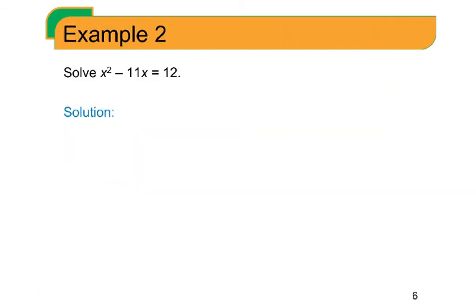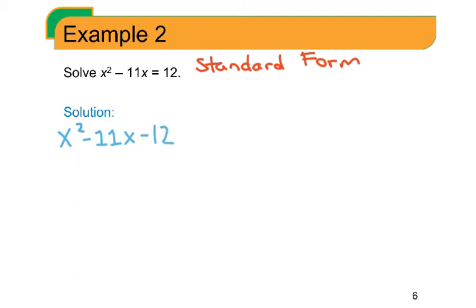now here's an example for us to work. First step, we want to get everything in standard form. Polynomial on one side, 0 on the other. So I hope you can see how to do that. You just subtract 12 from both sides. And then we're going to factor.